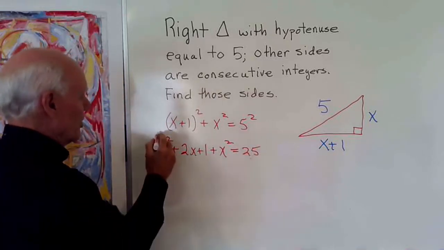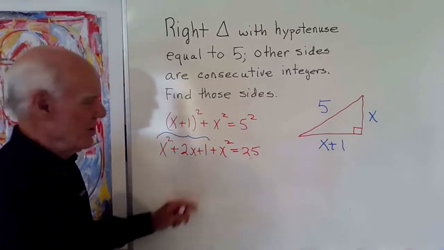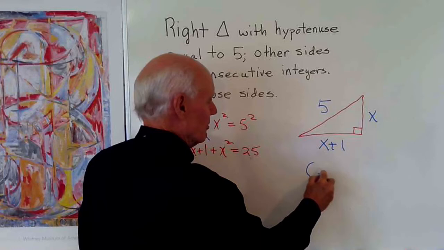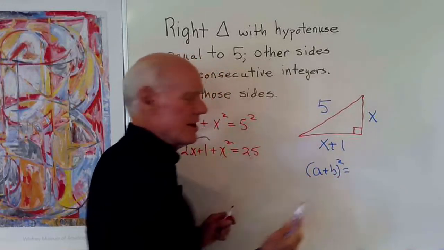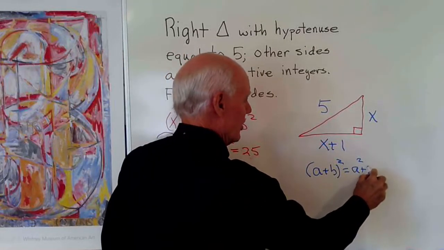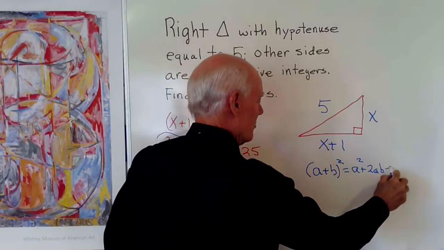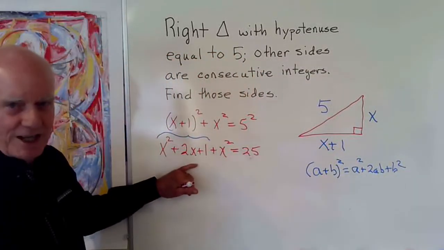Remember, when you take this x plus 1 and square it, you're going to get x squared plus 2x plus 1. As a way of review, remember (a plus b) squared is always equal to a squared plus 2ab plus b squared. You have to have that middle term. So we've done that correctly right here.